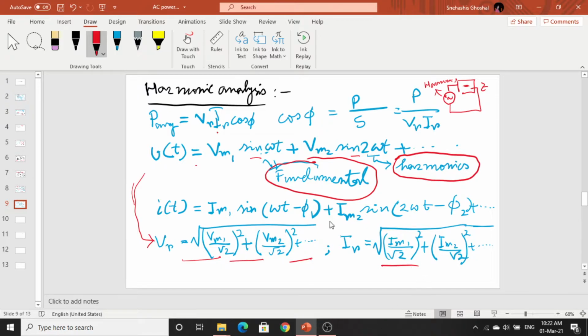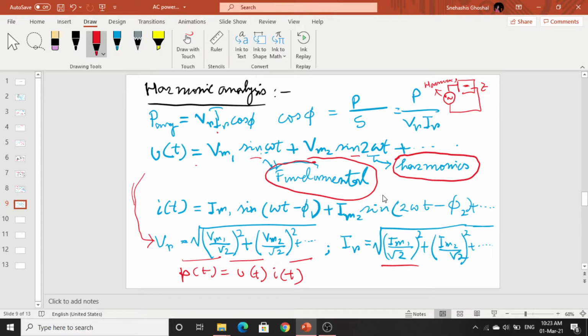Now if you analyze further, which is not important right now, what will the instantaneous power be? Pt will be equal to Vt into It. If you analyze it further, you will see that only similar frequency components, like sin omega t and sin omega t minus phi 1, will lead to some average power. The mixture of different frequencies will yield zero average power.